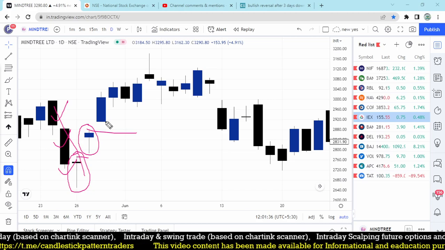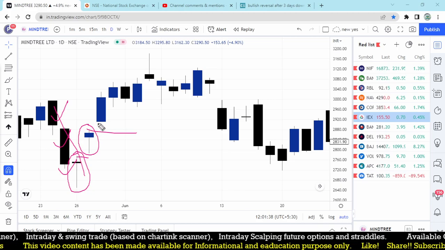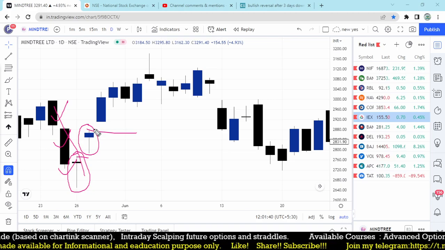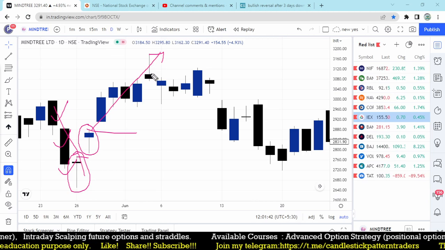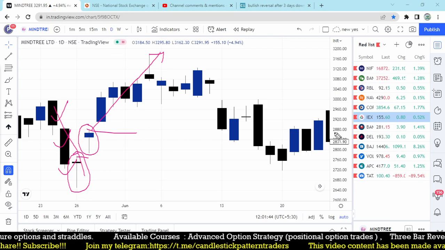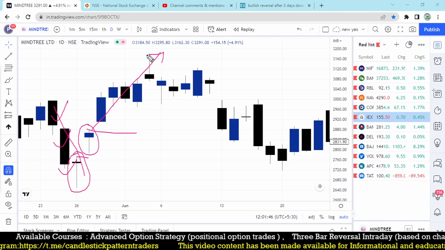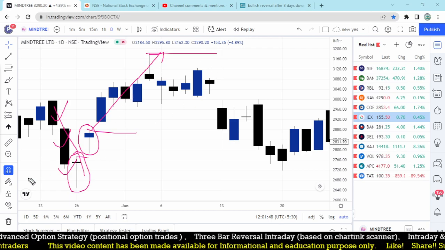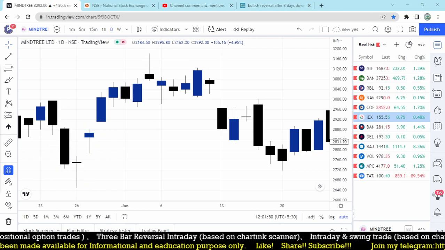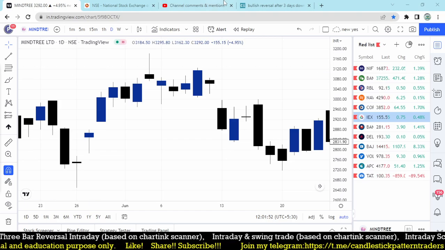But unfortunately it did not give you entry, because the next day it started with a gap up and moved big, from somewhere around 2,880 to 3,160. So it doesn't give you the opportunity to trade.